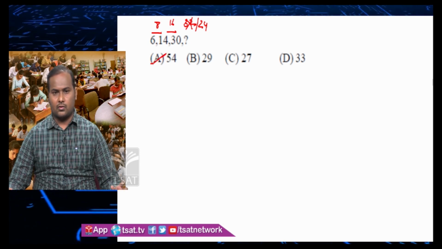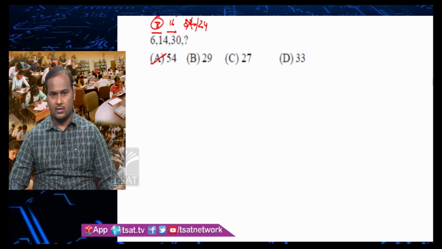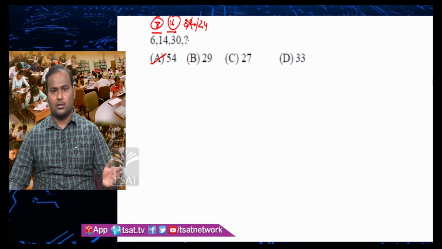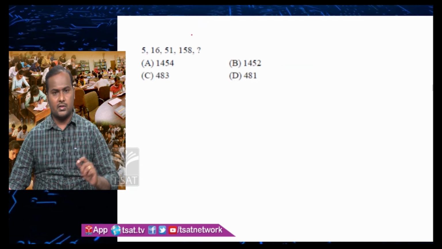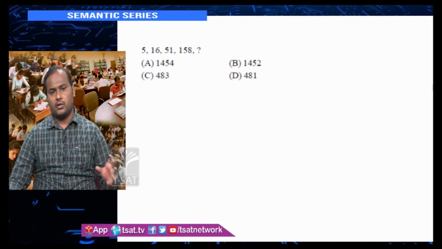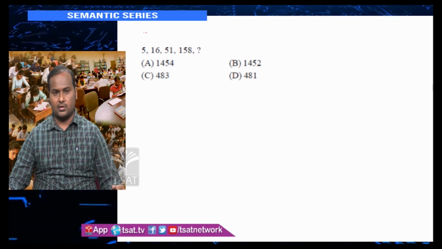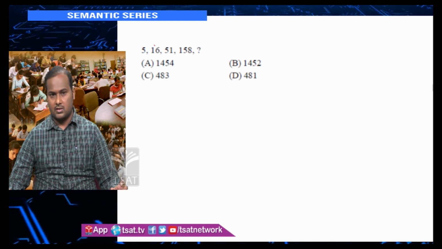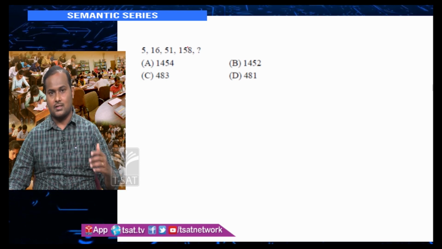See, you may ask one more question, can I take it through difference? So here we took the difference, 8, 16, either the double one, that is 32, or 24. If you see this particular pattern, the moment you see this pattern, obviously the first thing that will click in your mind is multiplication, because here see the pattern 5, 16, 51, 158. So it is jumping.